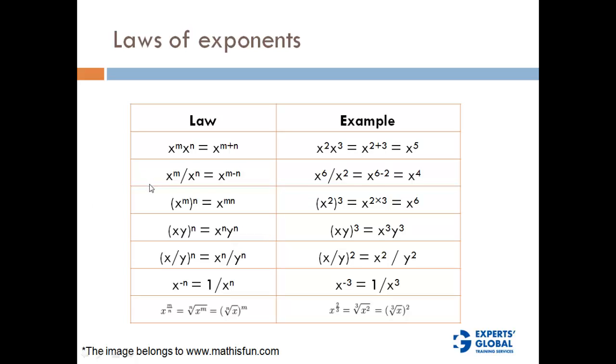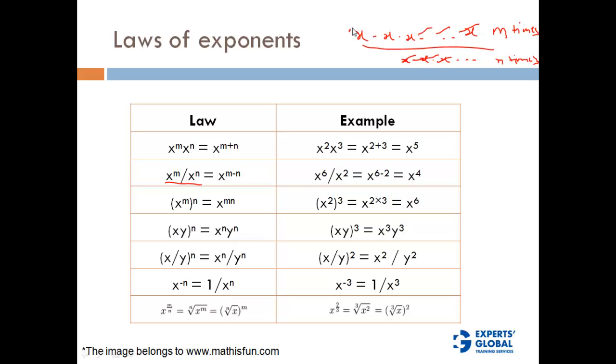Similarly, x raised to m divided by x raised to n. In the numerator I have x into x into x, m times, and in the denominator I have x into x into x, n times. So you will see that all these x will get cancelled.